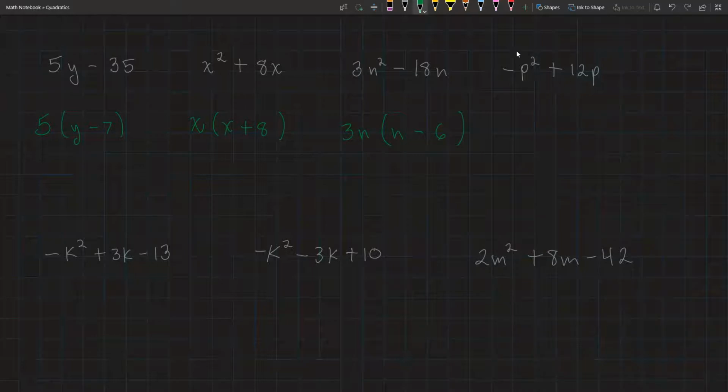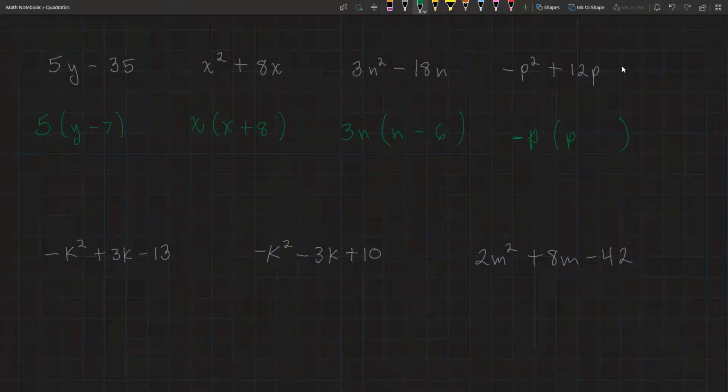All right, and for the next one, notice how for sure we notice there's a p as a common factor, but anytime you see like negative p squared or negative k squared, I'm going to encourage you to factor out that negative. It just makes life easier for us in the future. So we're going to say that negative p is the greatest common factor. And again, you can think negative p squared divided by negative p, that is the same as p.